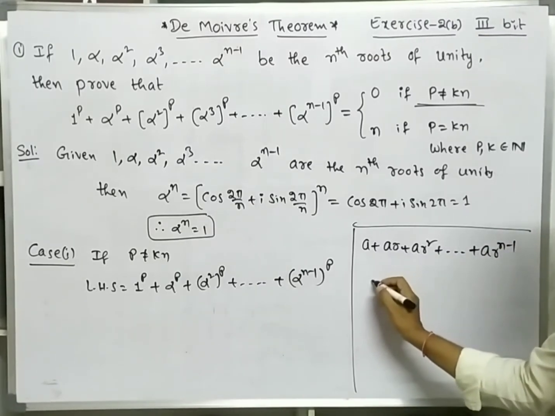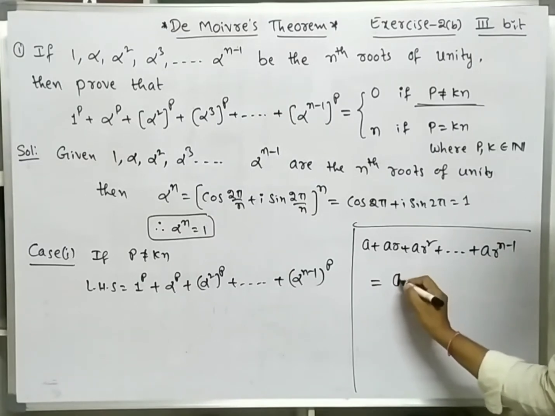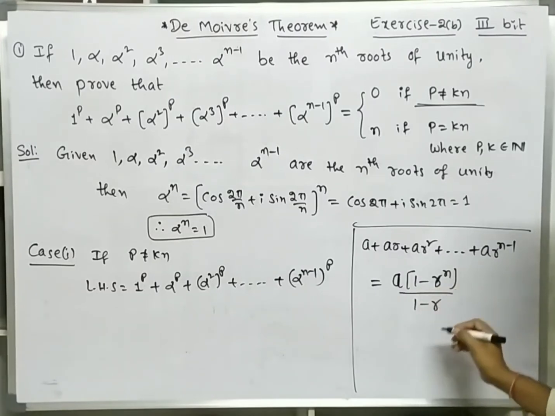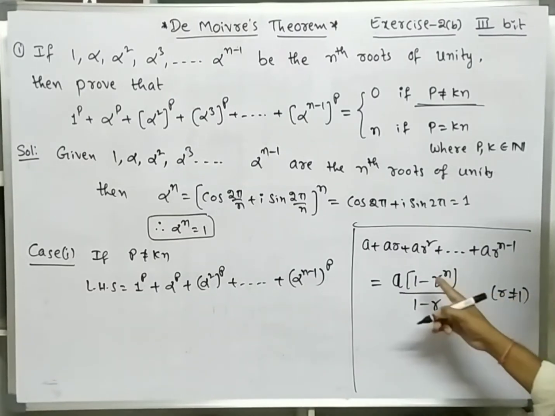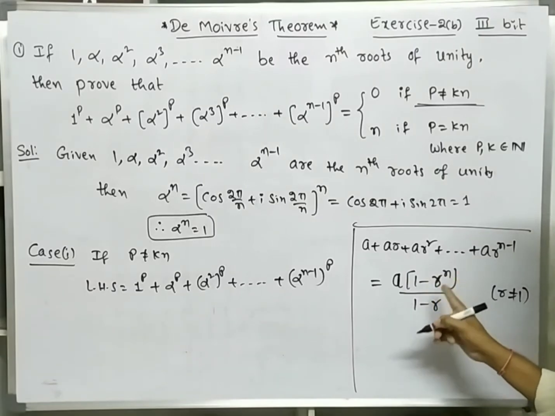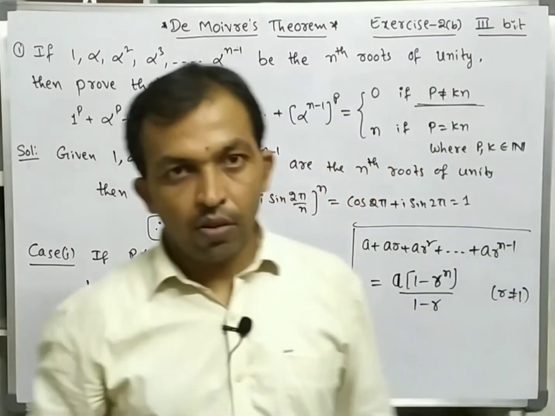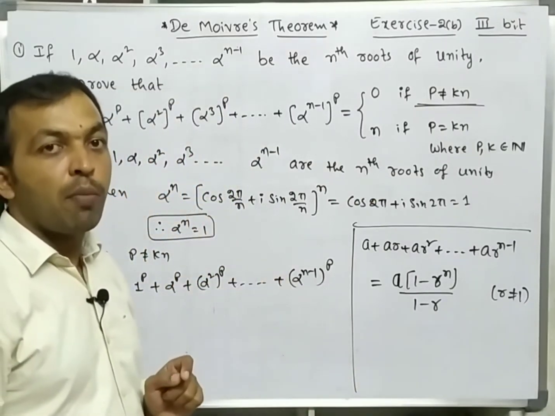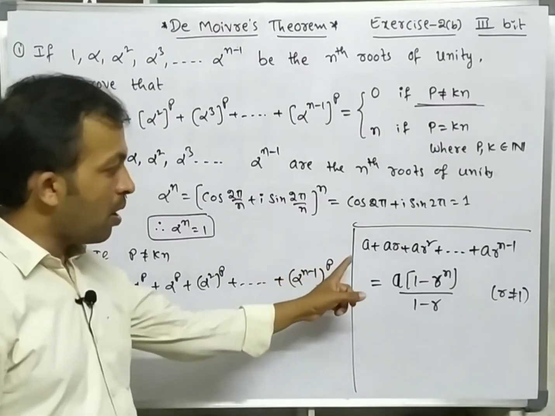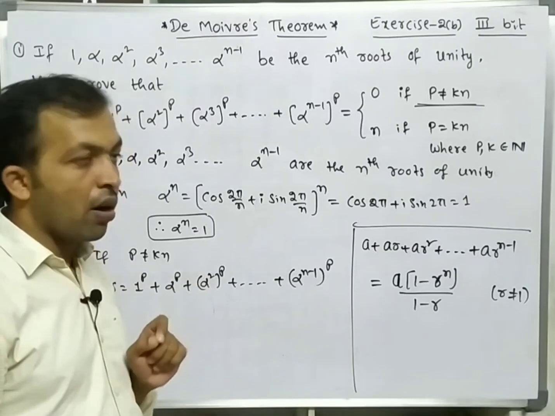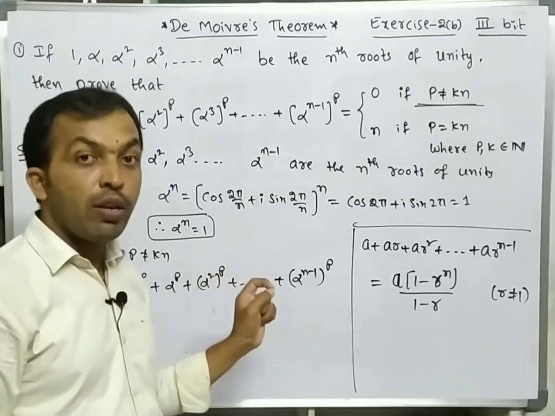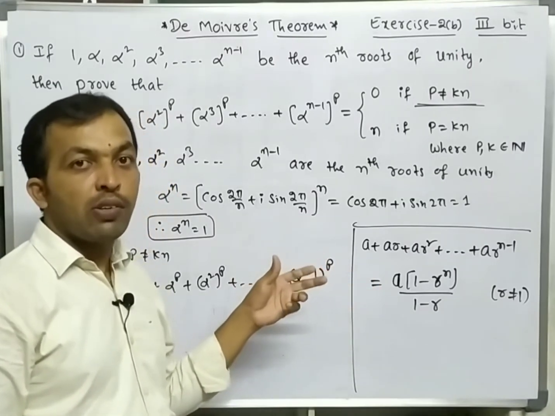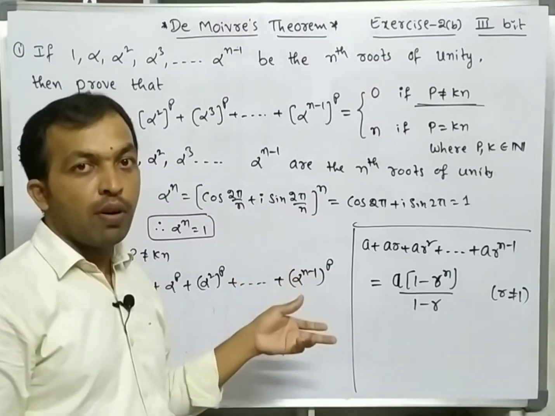The sum of n terms of a GP formula is a into 1 minus r power n by 1 minus r, where r is not equal to 1. This is the formula which we have learned in 10th class. They did not mention the sum of the geometric progression, but this is the formula, which is given in mathematical induction of first year A paper.